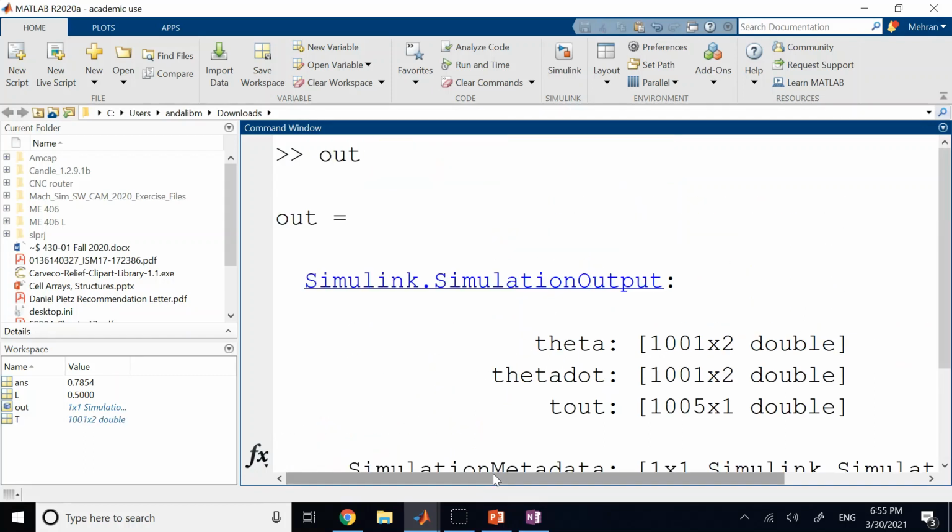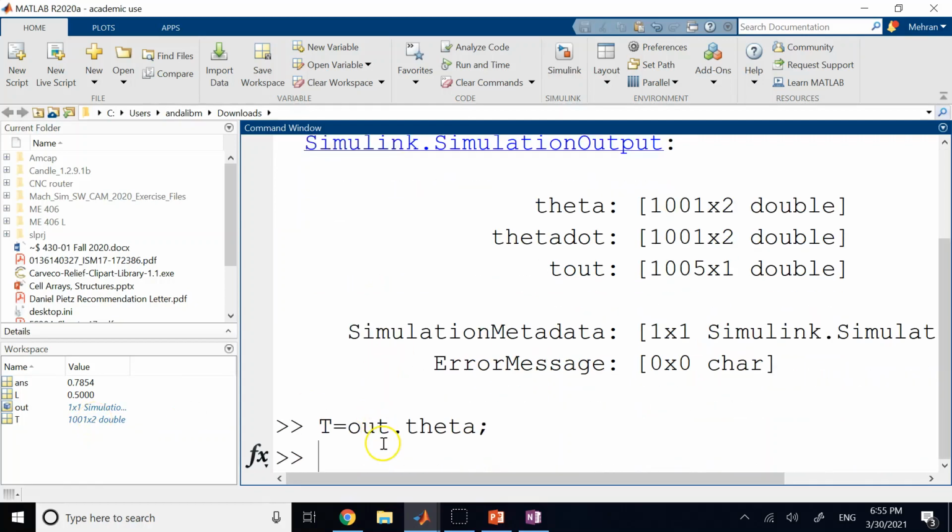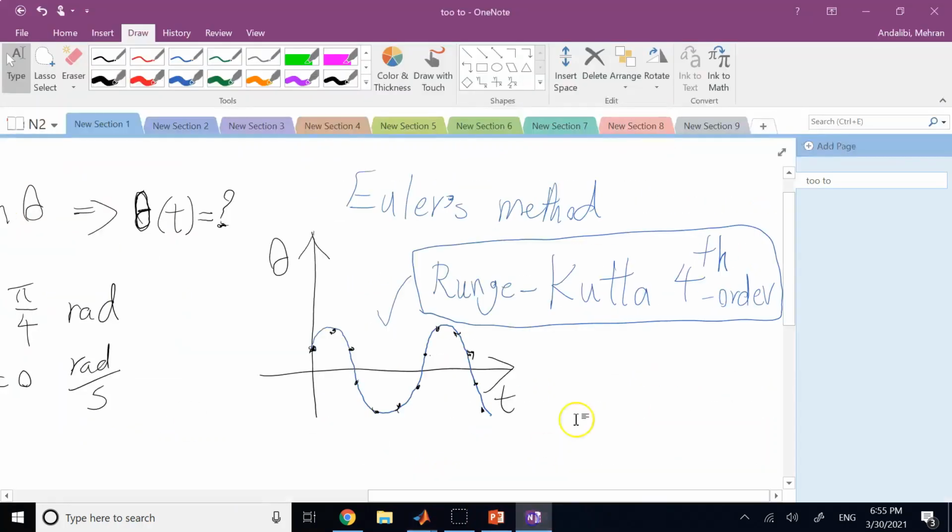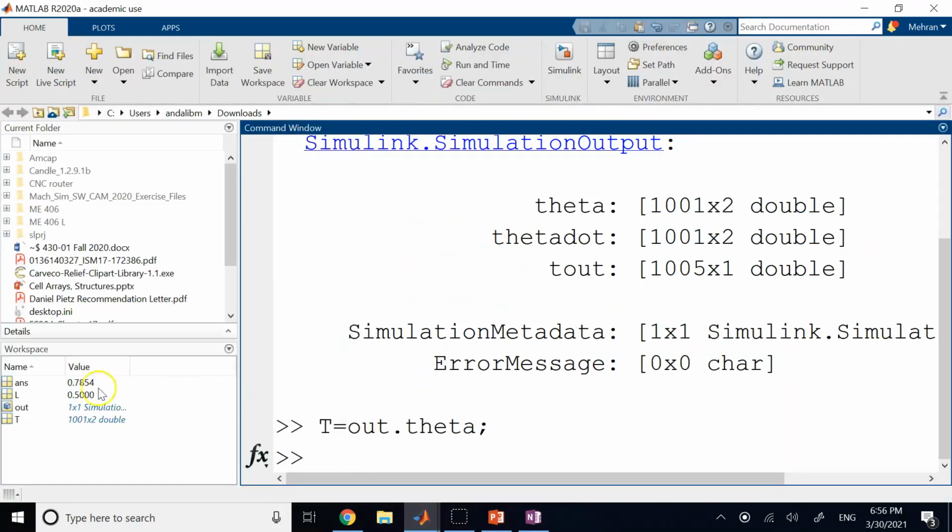And look here, what is T now? That's 1001 by 2 double. Why does it have two columns? Because the first column of that are the time points for each, the T values for each point, and the second column are what? The theta values for each point, right? So each array that Simulink sends to the Workspace has two columns.